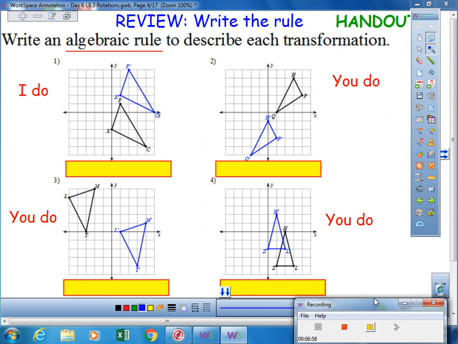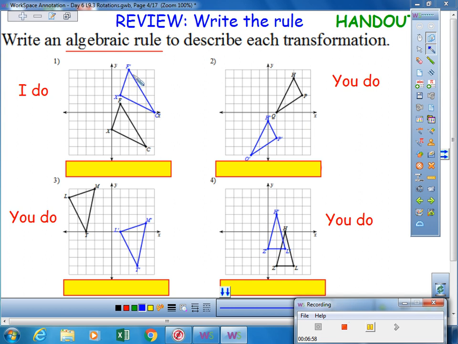Okay, I'm going to look at this. First thing I'm going to do is just look and see. Does it look like a translation, a reflection, or a rotation? So I hear some of you say translation. So the first thing I would do is check the letters.